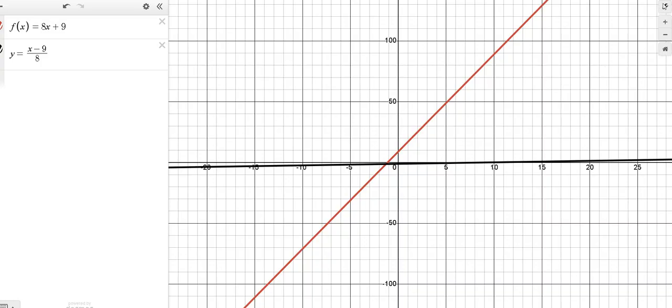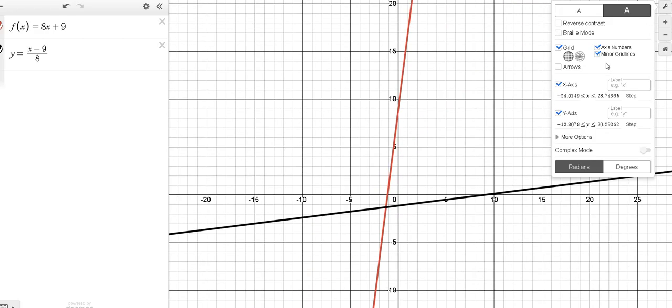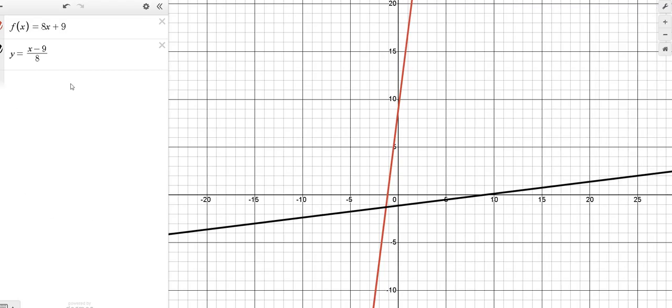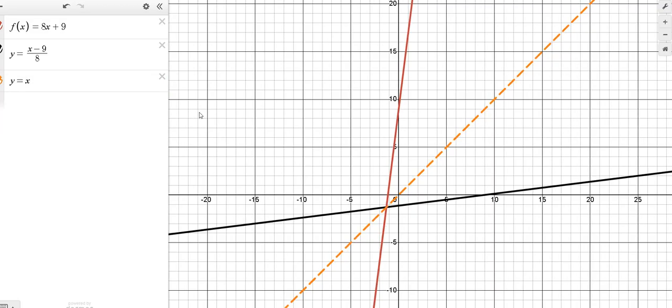So let's go up here to Tools, and there's something called Zoom Square. This will square things up so the proportions are what you expect. You can actually add in the line y equals x if you want to, just to be really super careful. And let's make that a dashed line. But now you can see that, yeah, okay, these look like inverses. You could check some points.